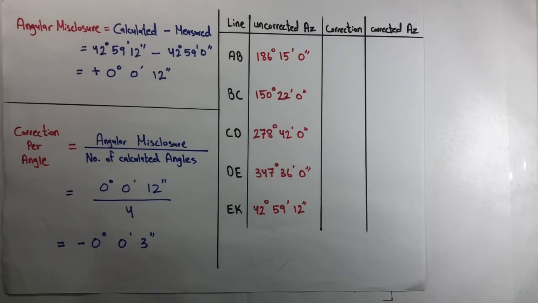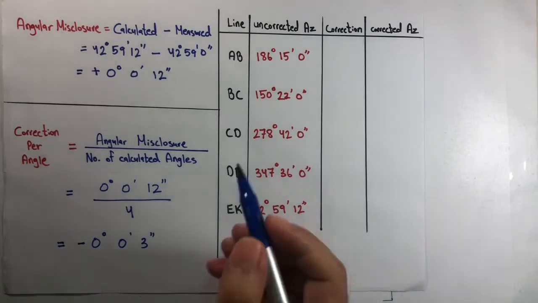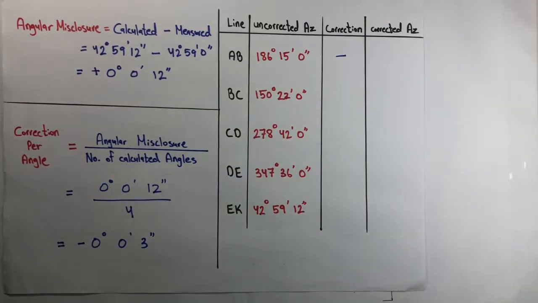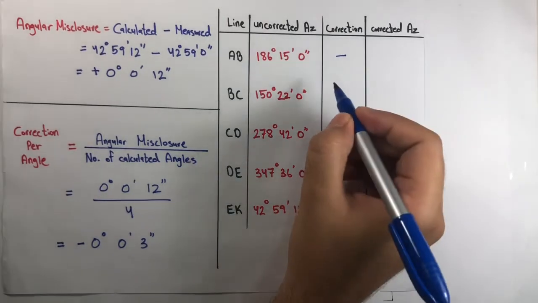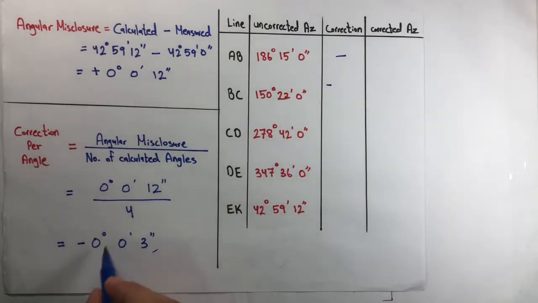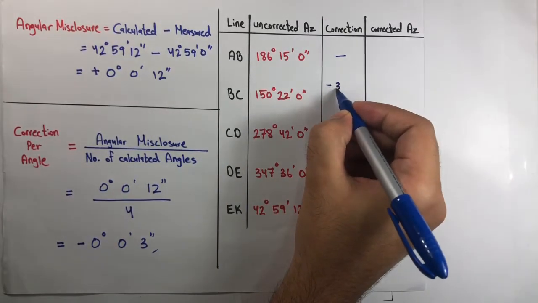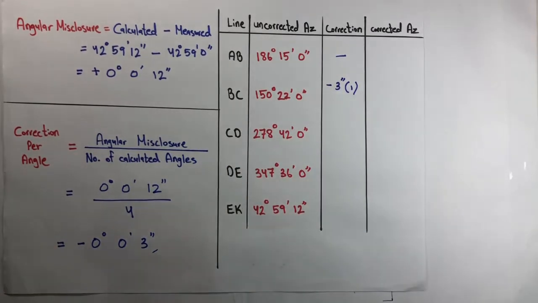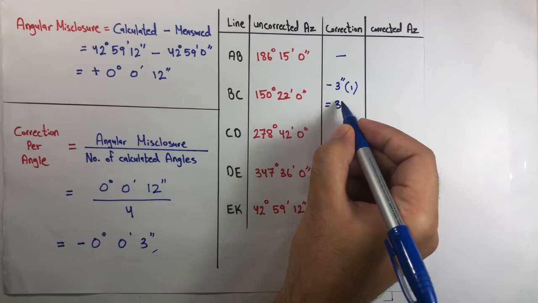So when we go to the correction, look at the way I'm going to distribute the error. The first line AB is a benchmark, so there is no correction in the first one. In the second line BC, I am going to deduct the error 3 seconds times 1, which is equal to 3 seconds.